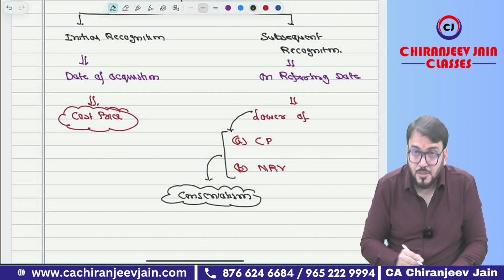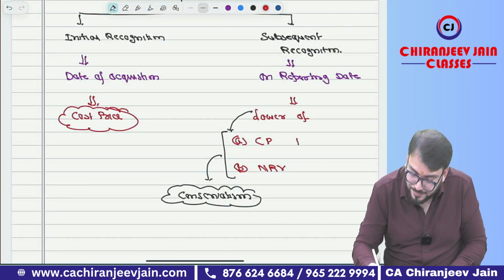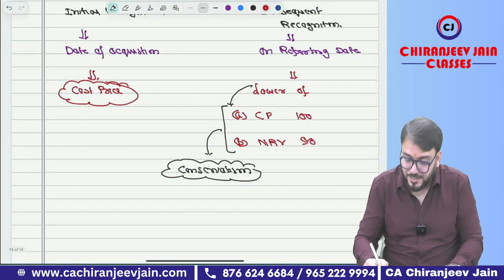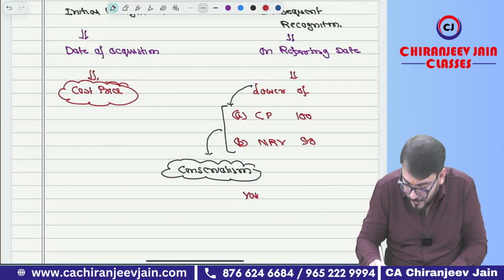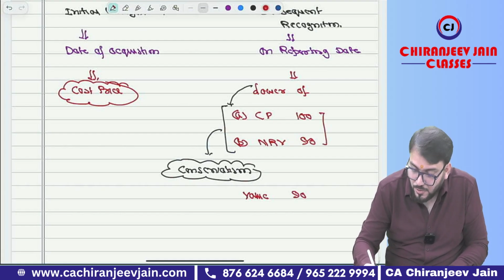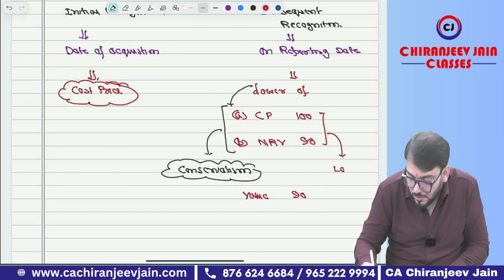So if your cost price is 100 and NRV is 90, you will value at 90. So what is the value of such inventory on reporting date? 90. And what is your loss? Loss is equal to rupees 10.